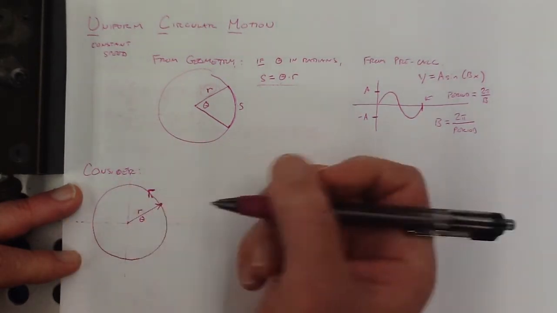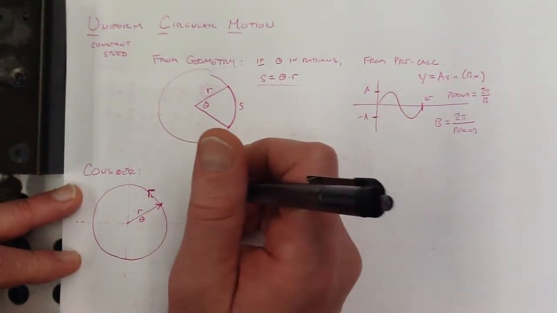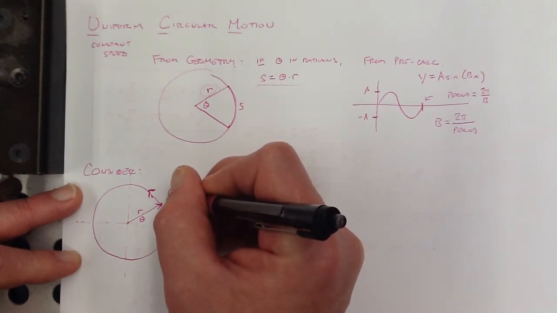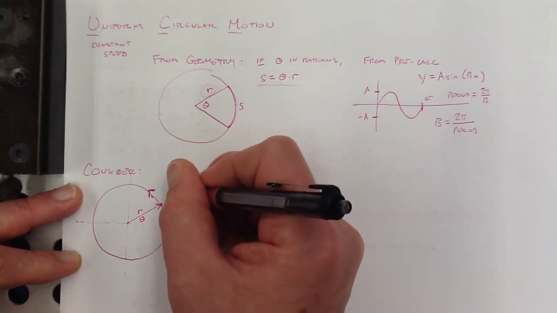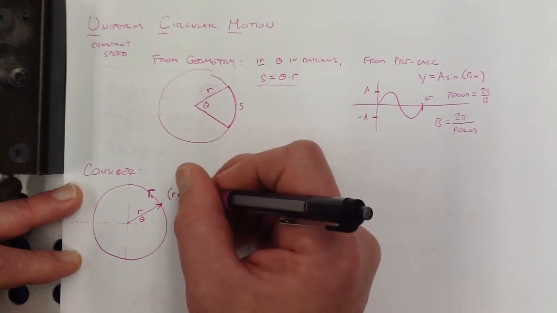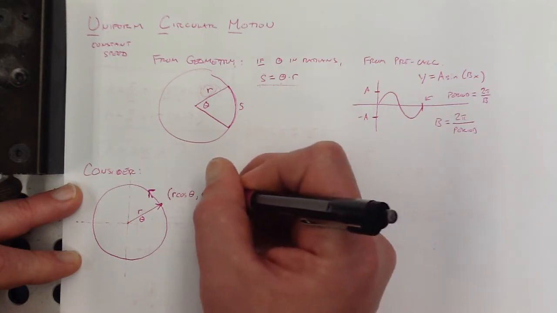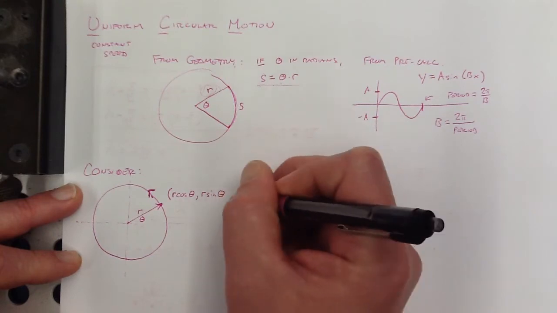Let's say it is at this point right here. We could call that point xy, but if we wanted to get all triggy about it, that's really the point r cosine theta, r sine theta, right?